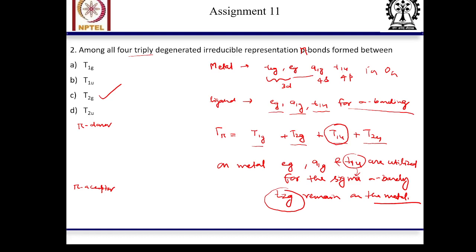Can you write in the chat box whether pi donor or pi acceptor will give a higher CFSE value? Anyone?